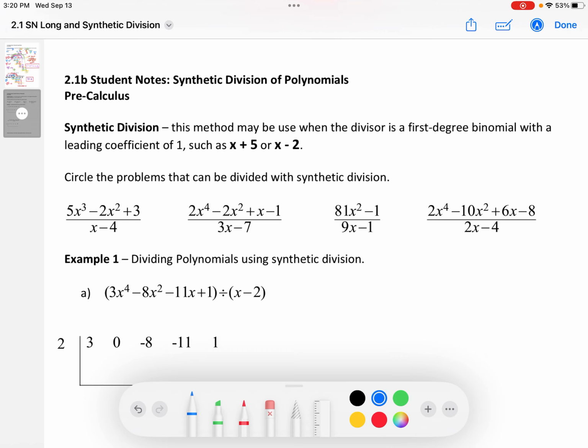We can use this method when the divisor, that means the denominator of a fraction, is a first degree binomial. First degree meaning linear. X to the first is the highest power. Binomial meaning it has two terms with a leading coefficient of 1.